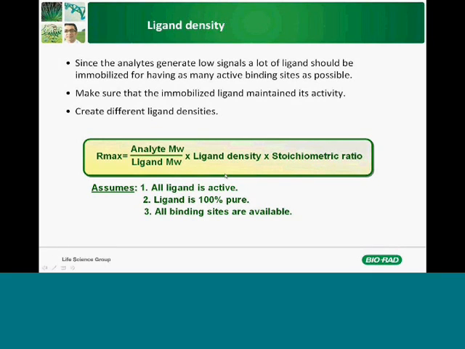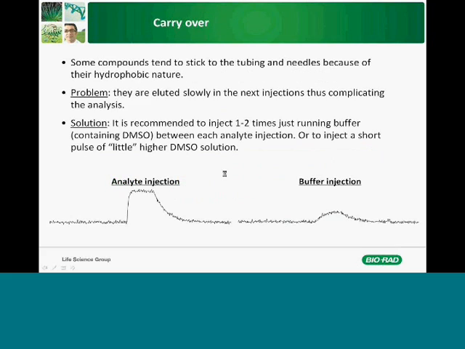And the next thing to consider is carryover. Some of the small molecules have a hydrophobic nature, so they tend to stick to the tubing and to the needle. And the problem is that over time they will be released from the tubing. Here you can see an example. On the left, it's an analyte injection, and right after that, it's a buffer injection, but you can see a binding event, a lower binding curve.